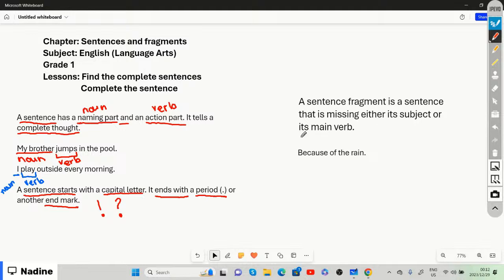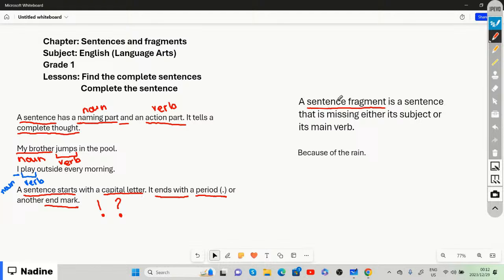Then we have sentence fragments, right? So we see that a sentence has a naming part as well as an action part, and it tells a complete thought. Then we have a sentence fragment, because remember, we are doing sentences and fragments.